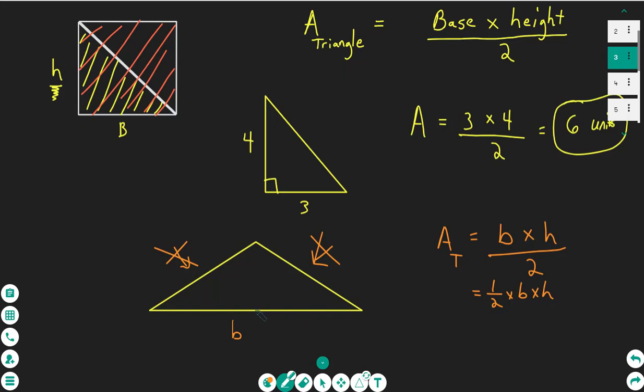So here we have our base. The height of this triangle is going to be from here up to the tip-top part of that triangle. That will be the height. Okay? So be careful with that height. It can throw people off. It's not the length of one of the sides of the triangle necessarily. It was the length of the side of the triangle for this one, but that's because this height was the side of the triangle.